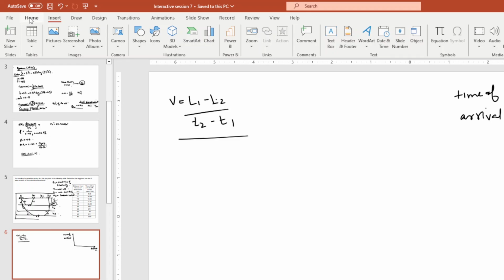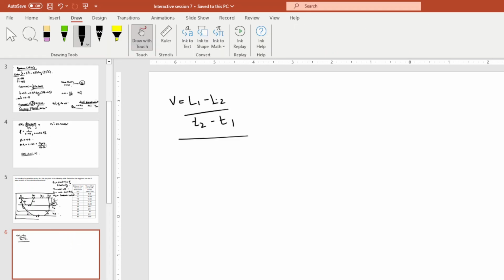This will be the distance and this will be the time. Let us plot this. Let me plot this in Excel first.